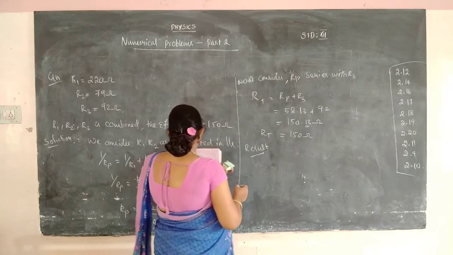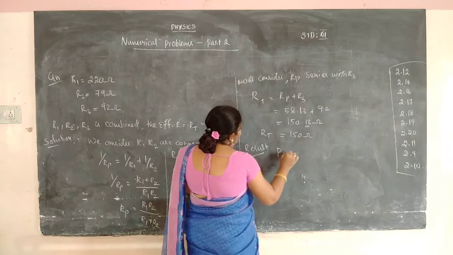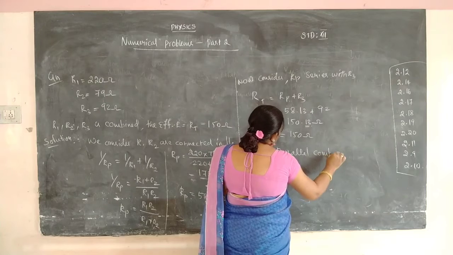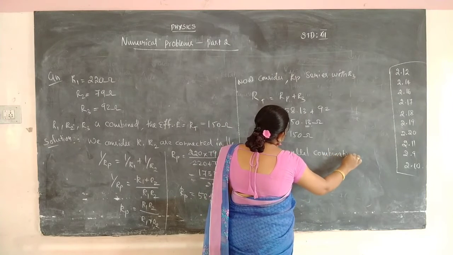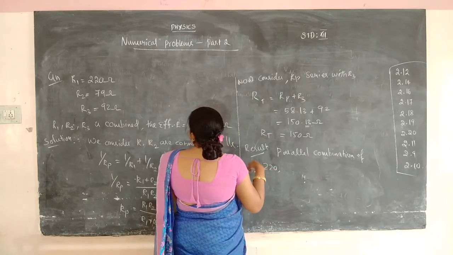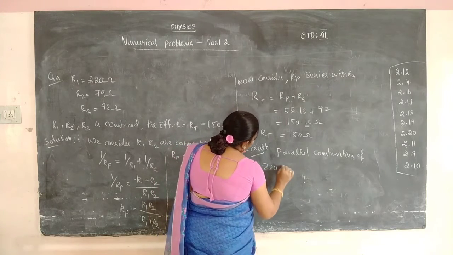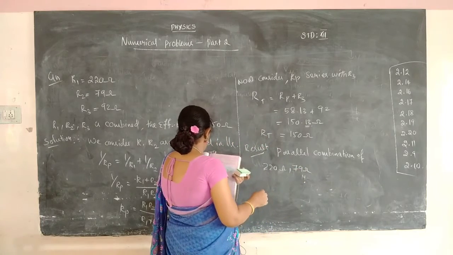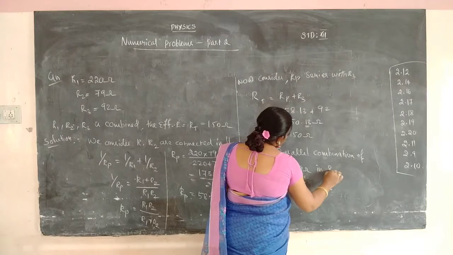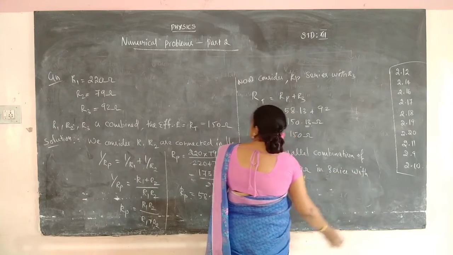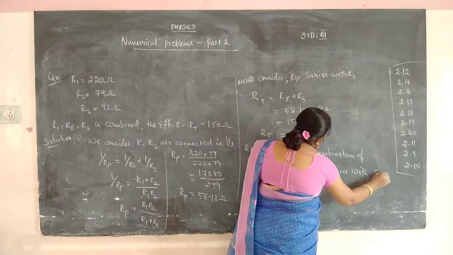the parallel combination of 220 ohm and 79 ohm in series with the third resistor, what's the third? 92 ohm.